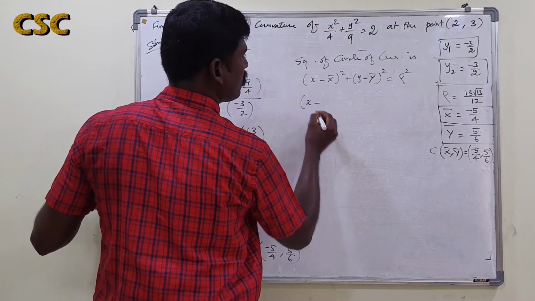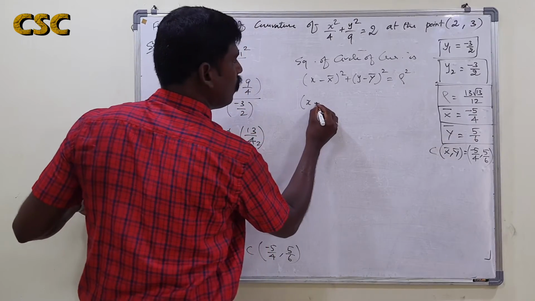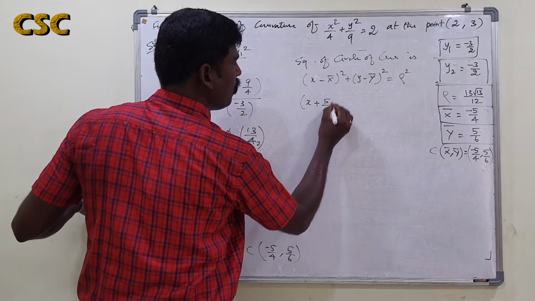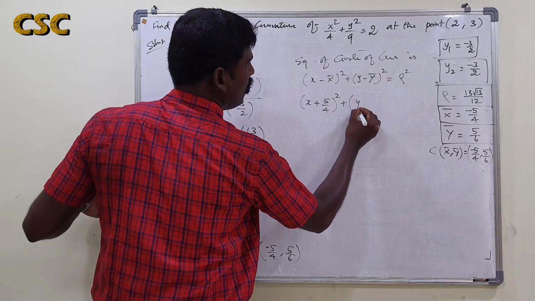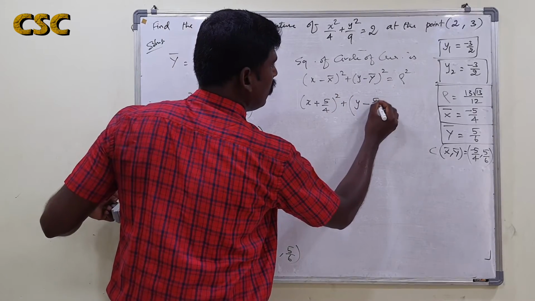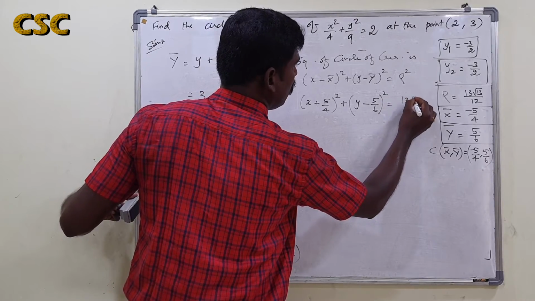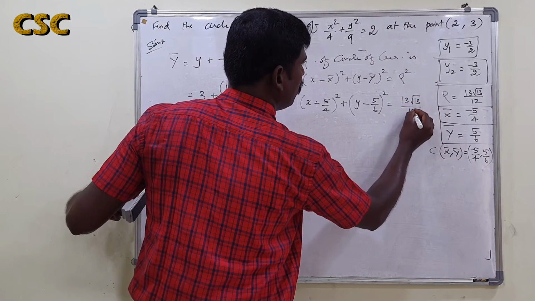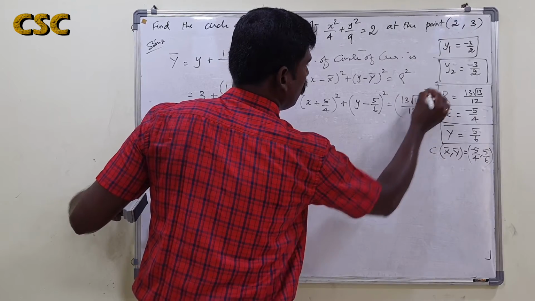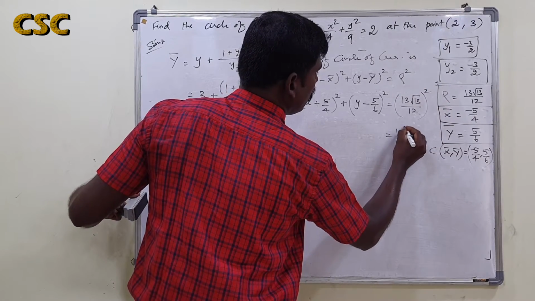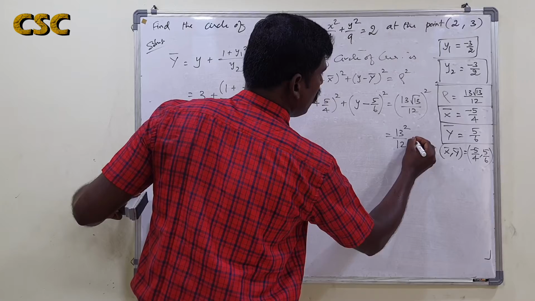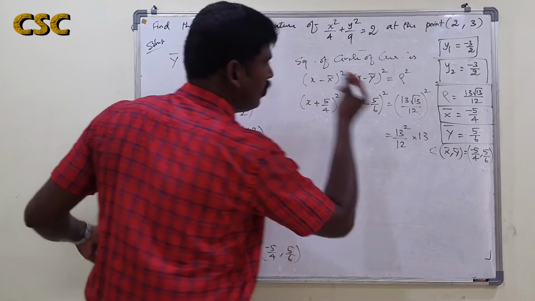So x minus x bar, which is minus 5 by 4, so it becomes plus 5 by 4 the whole square, plus y minus 5 by 6 the whole square, equal to rho, 13 root 13 by 12, the whole square, that is equal to 13 square by 12 square into 13.